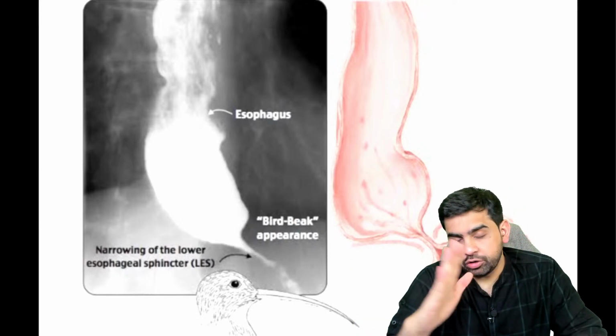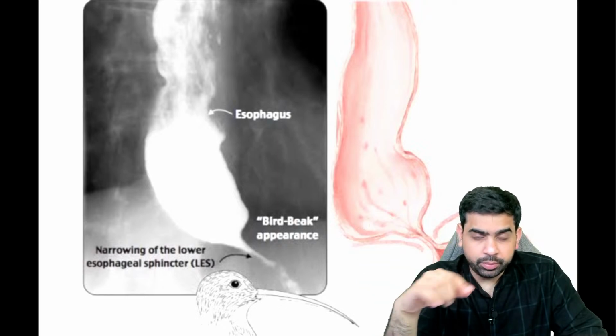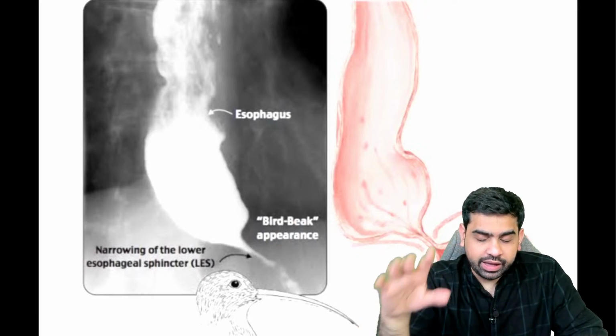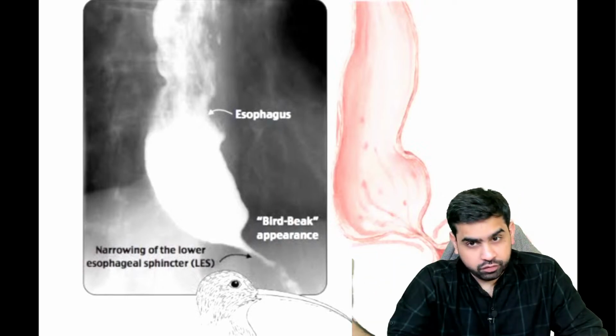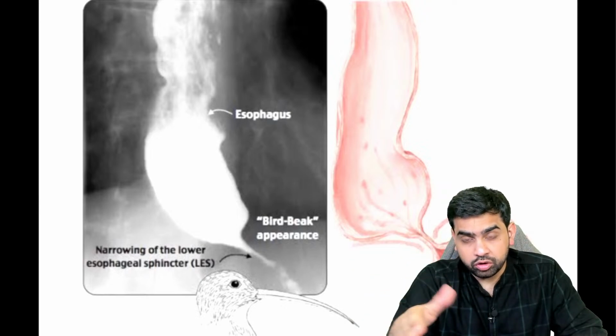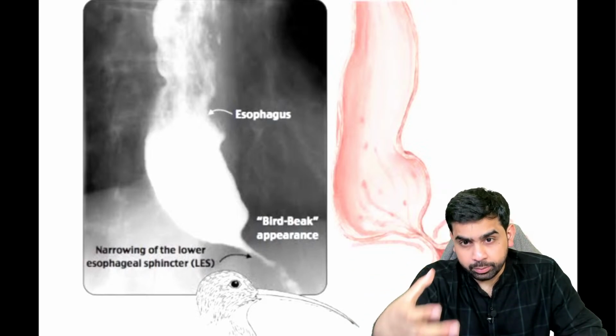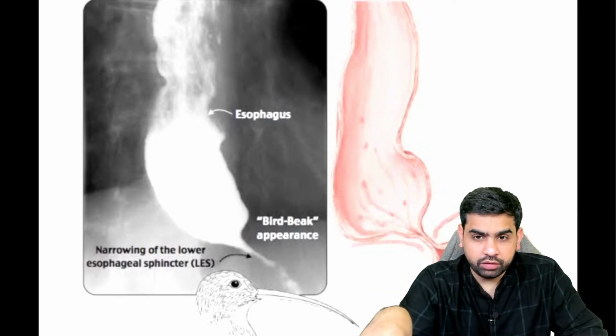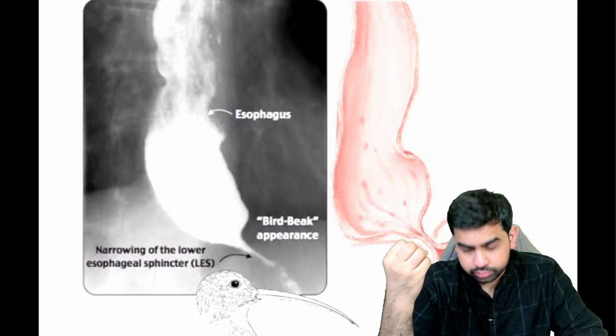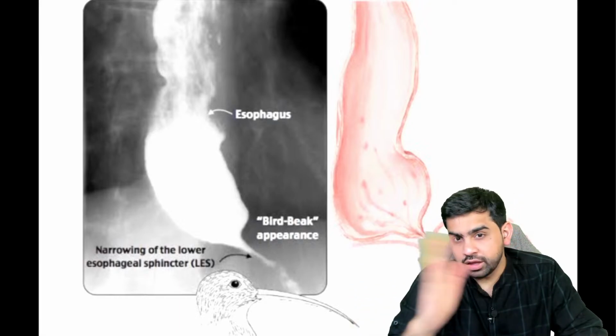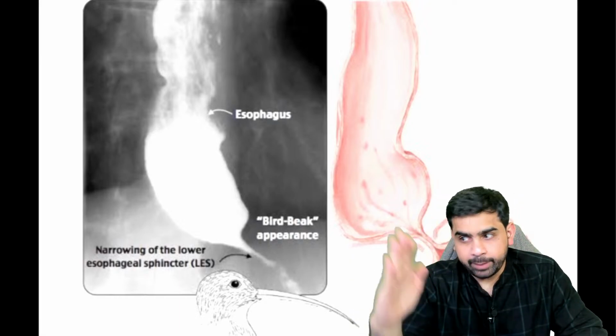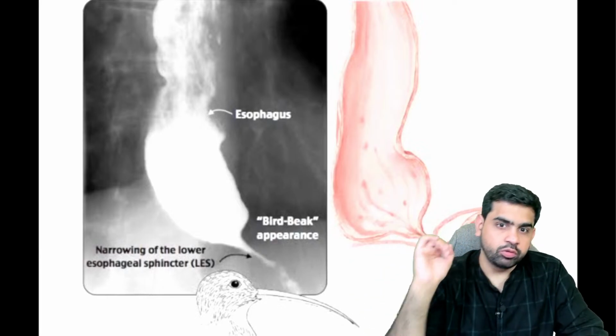In type 1, the pressure generated is going to be much lesser than 450. The IRP is going to be the same in all three. The common thing is that the lower esophageal sphincter is not able to relax, so the IRP is more than 15, but the DCI is going to be less than 450 in type 1, and in type 2 and type 3 it is going to be more than 450. That is what you need to understand here.